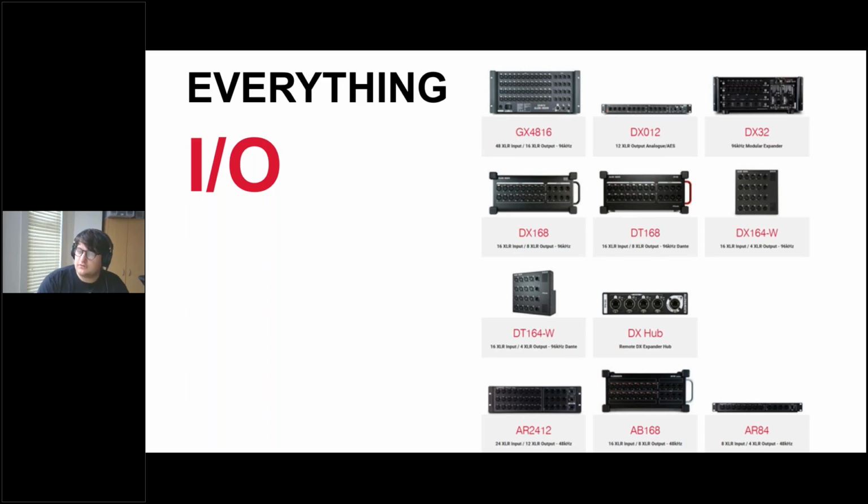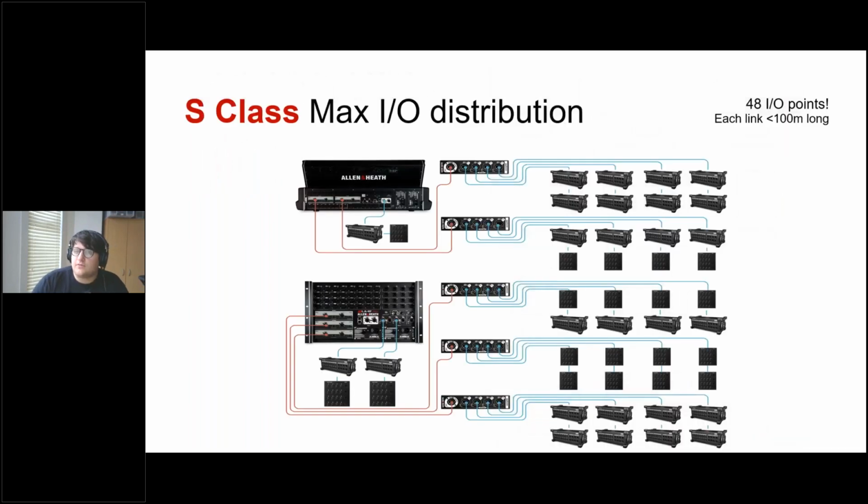If we have a look at S-Class connection, you can see how much distributed I/O we can get into these consoles. This diagram just shows that there are actually 48 different I/O points using the DX hub, which allows you to connect up to 8 DX16.8s to each port on the mix rack.